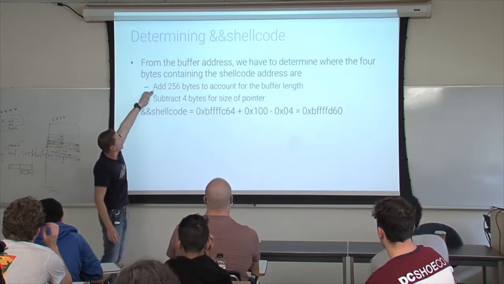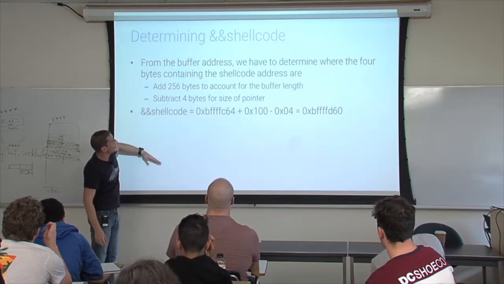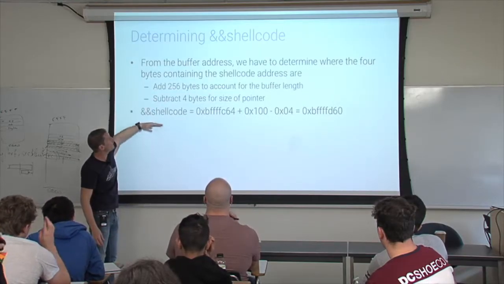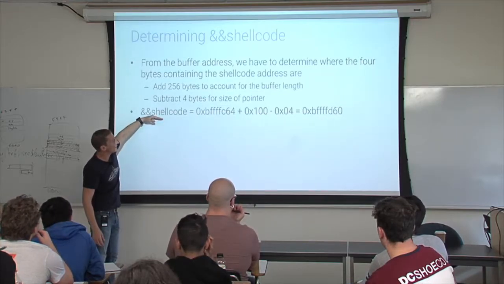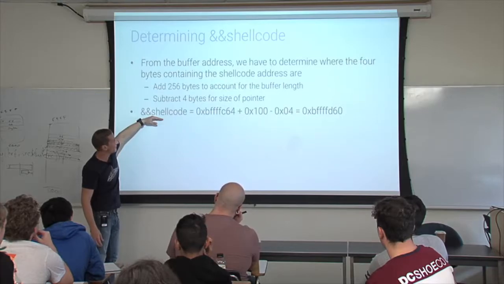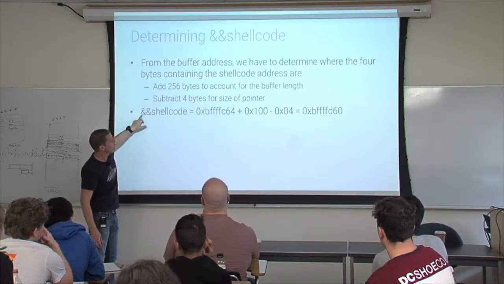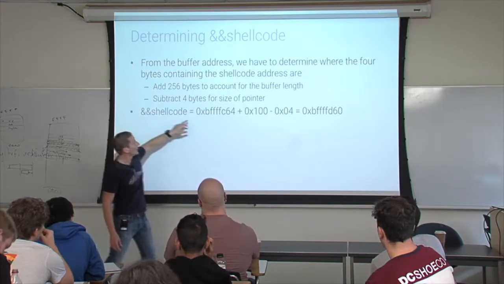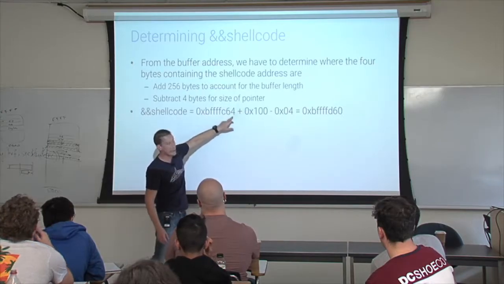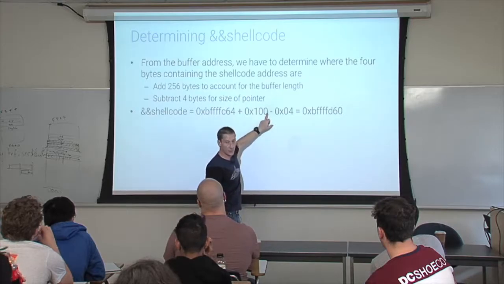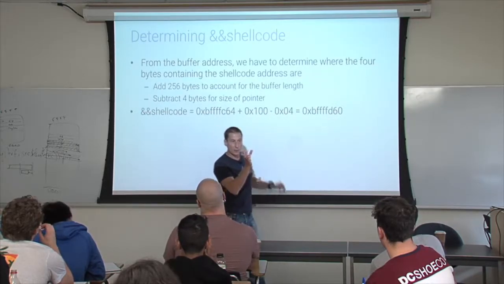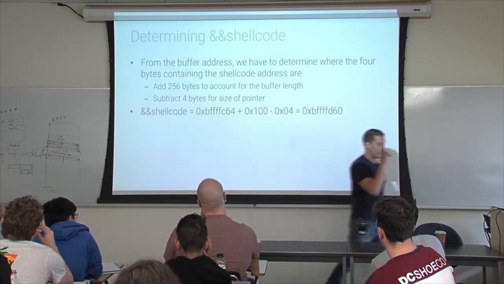So we know where the stack is. We have to add 256 bytes, okay? And then we had 4 bytes for the size of the pointer, okay? And so the address of the code, remember it was BFFFFC60. We added 4 for the integer. We had 255, okay? And then we have to subtract 0 because that's where we're going to put our end address, okay?